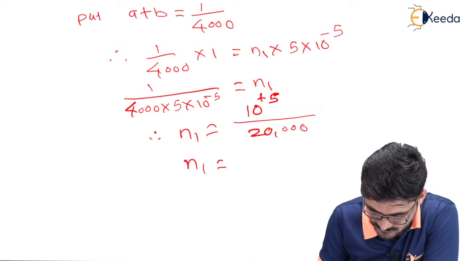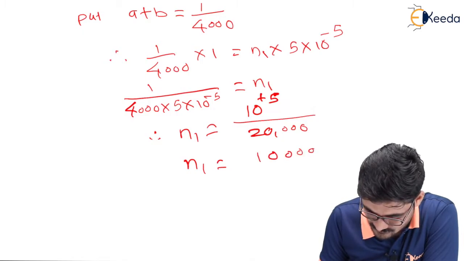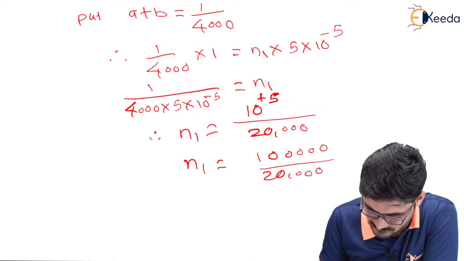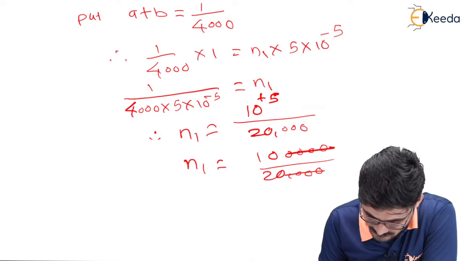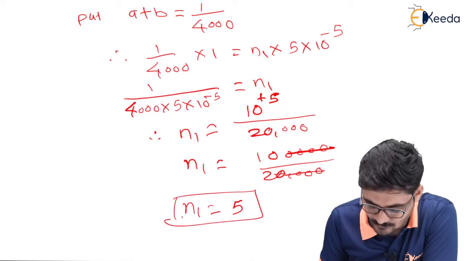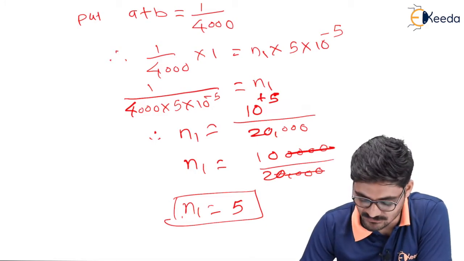It is very simple, it's 1 lakh upon 20,000, right? So these 4 zeros get cancelled and this is 10 by 2, so n1 is 5. And a similar calculation we have to do for the second wavelength.